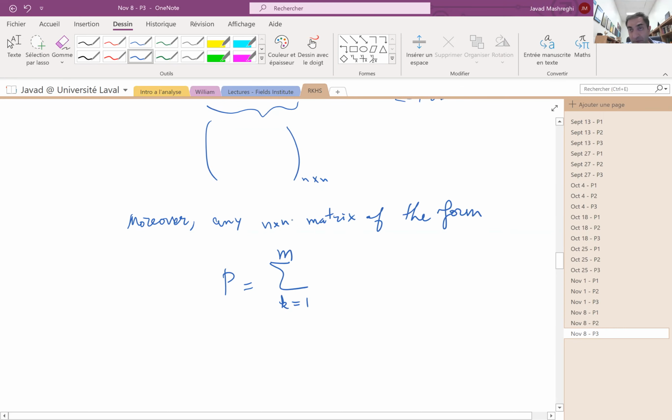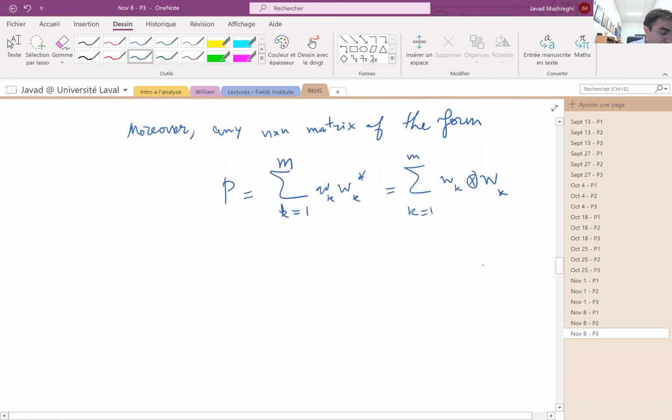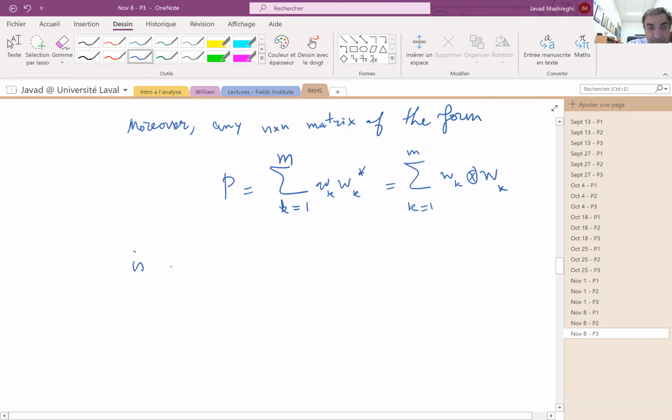M could be smaller or bigger than n. It's not necessarily equal to n. Sum of wk wk star, or if you wish, is positive.